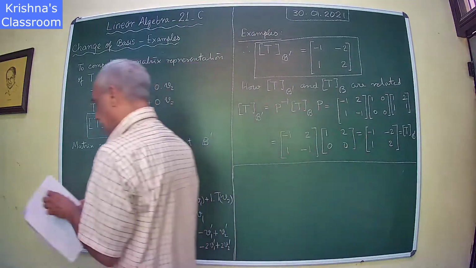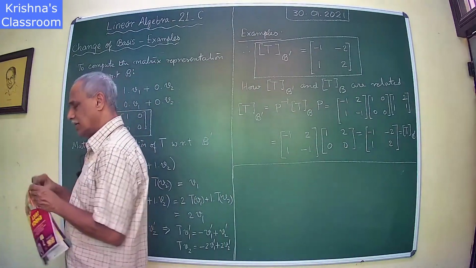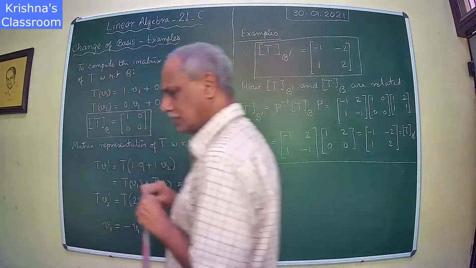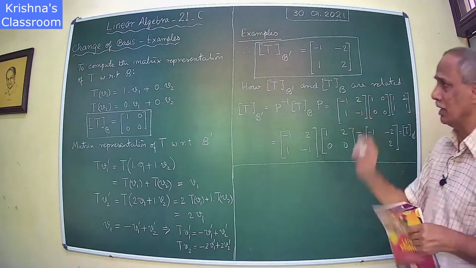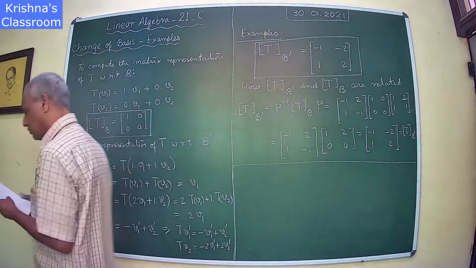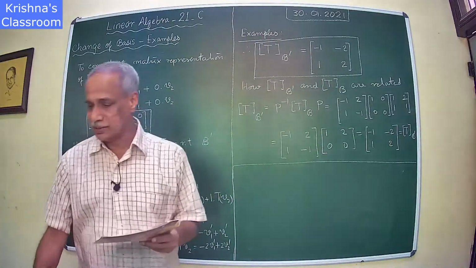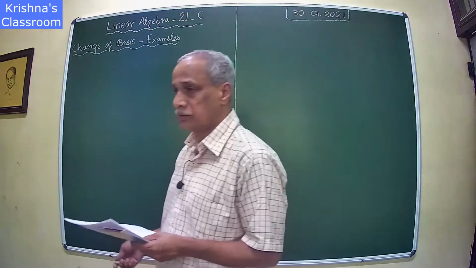Now we give a more sophisticated example, or a similar example in a more sophisticated form. Here we straight away work with R2. Now instead of working with R3, we are going to work with an abstract space. Let me now work on example 2.